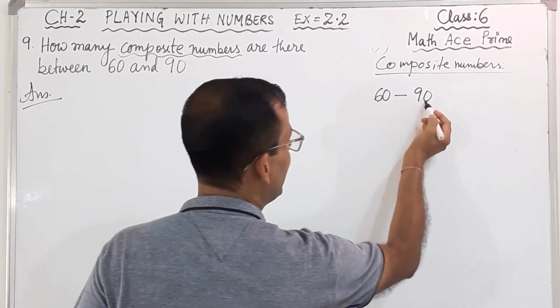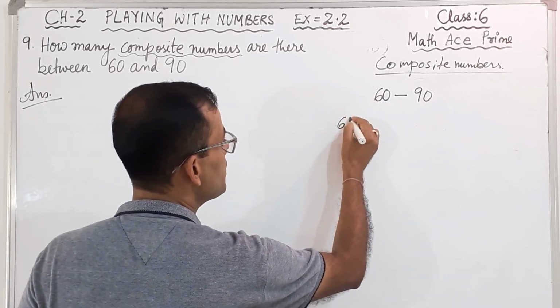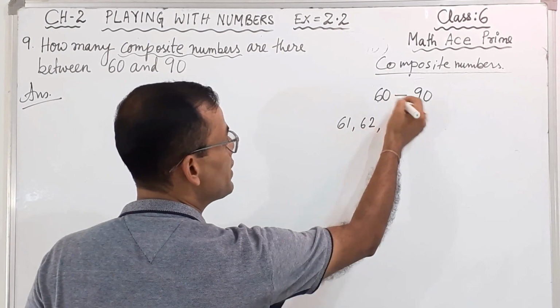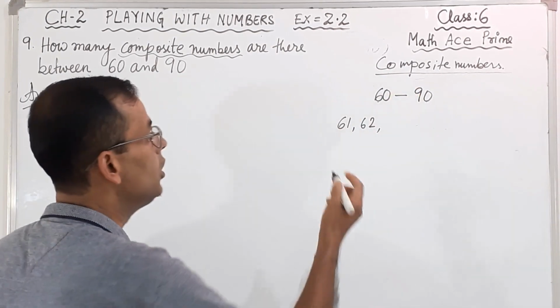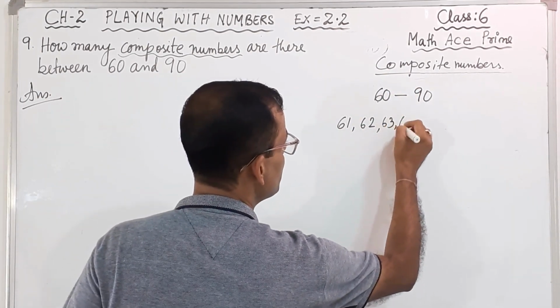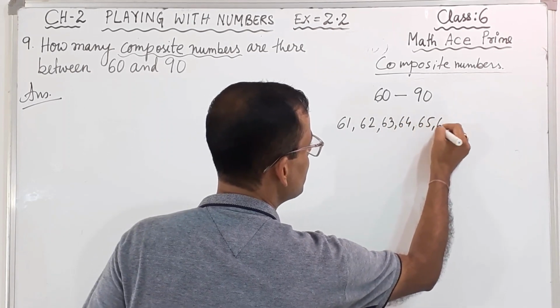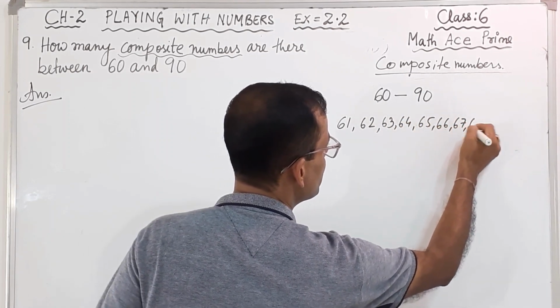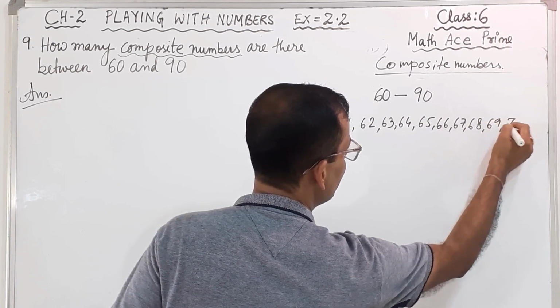So between 60 and 90, we will write here 61, 62. What are the numbers coming in between 60 and 90? 63, 64, 65, 66, 67, 68, 69, 70.